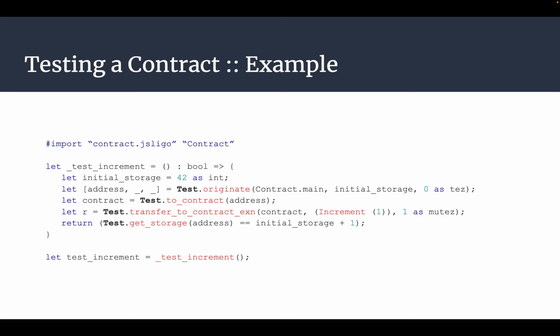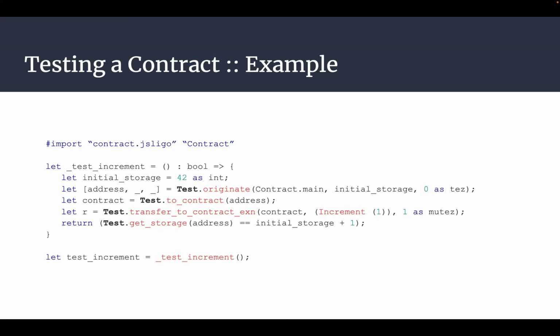I don't know if you have the exception as a result, or we are going to see it later. And then after, we can retrieve the storage thanks to the address and Test, and see if the storage has been correctly incremented.